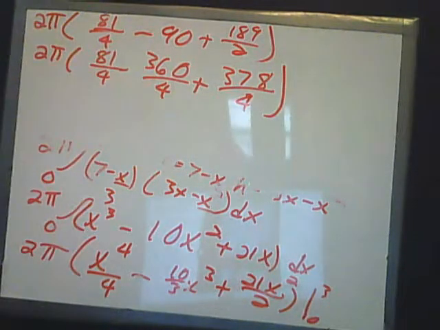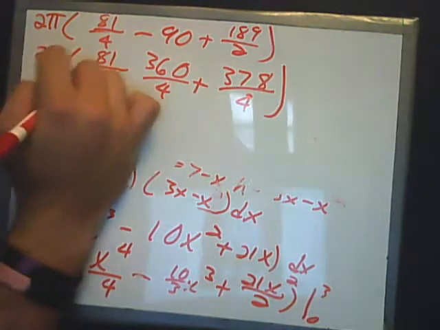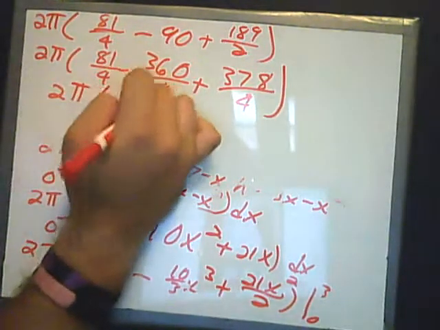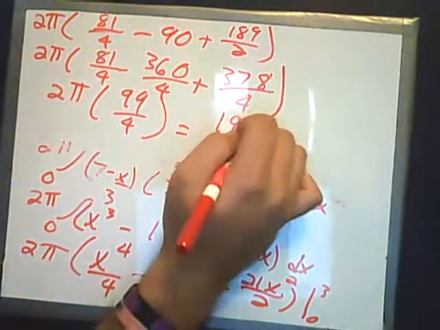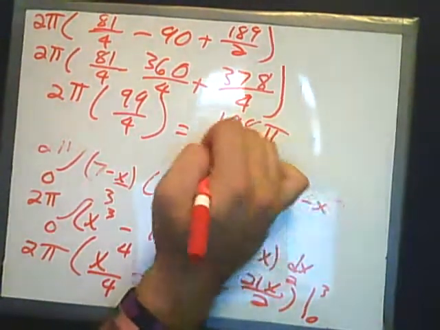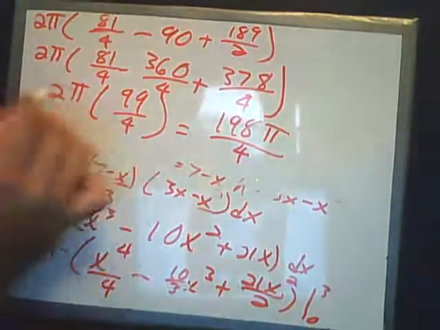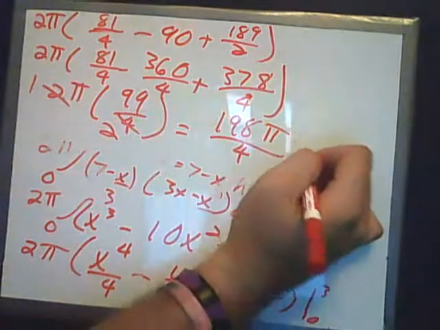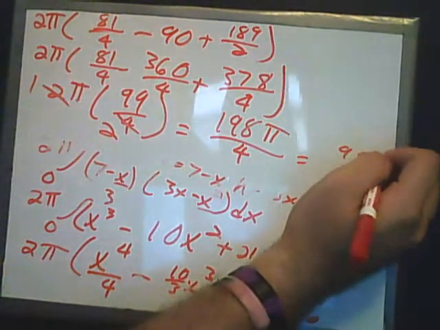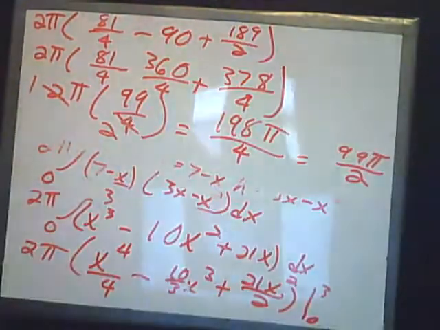Plus another 81 is 99. So we have 2 pi times 99 over 4. Finally, our answer would be 198 pi over 4, or we could have canceled this right away and just written it as 99 pi over 2.